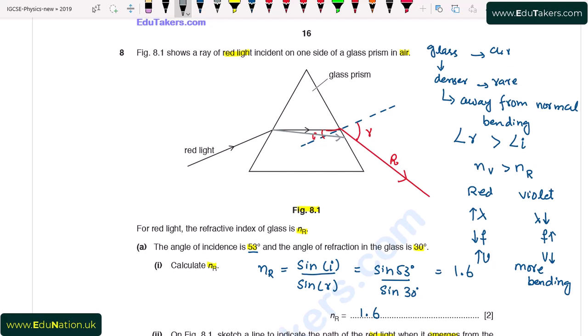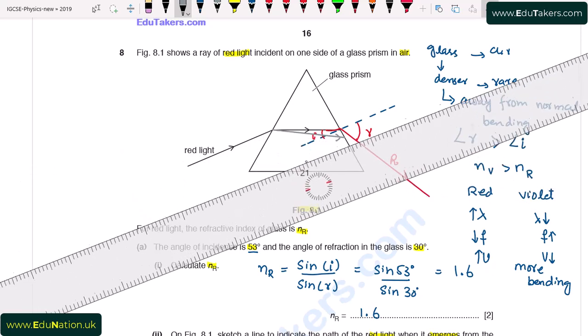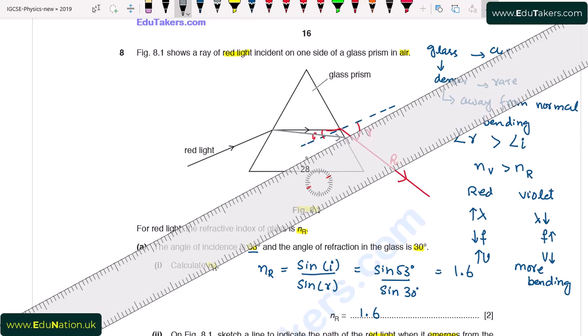Now for the refracted light, this ray comes from glass into air. So, first of all, I draw the normal at this surface and then we see the bending for this.